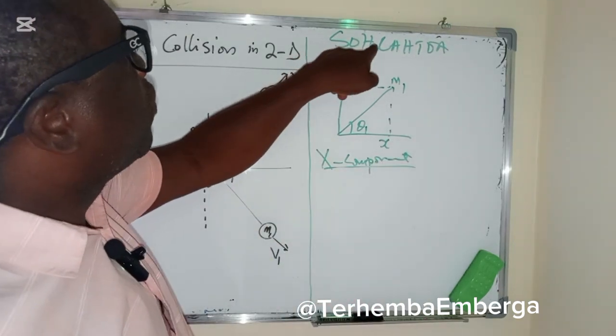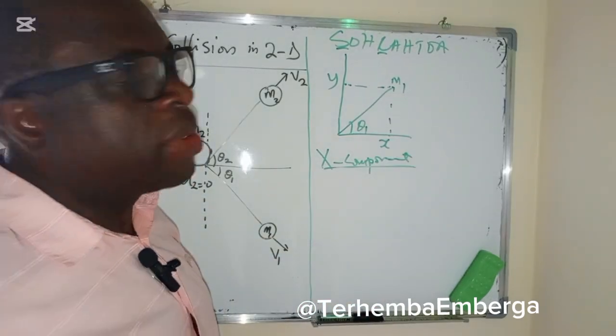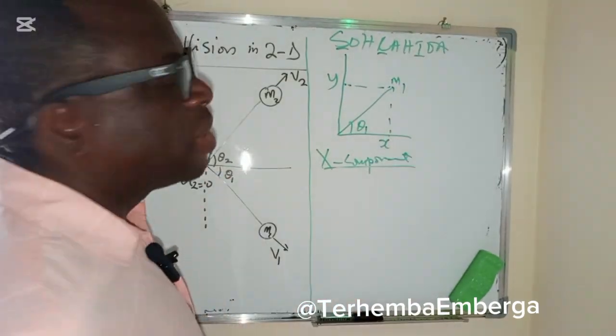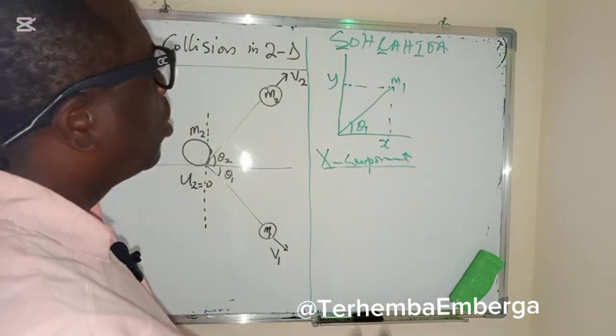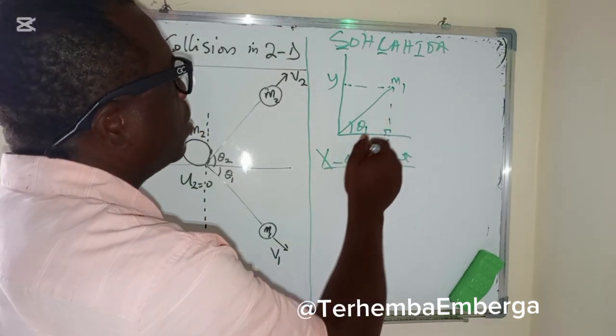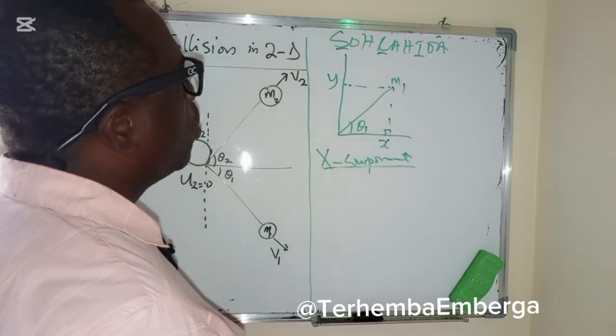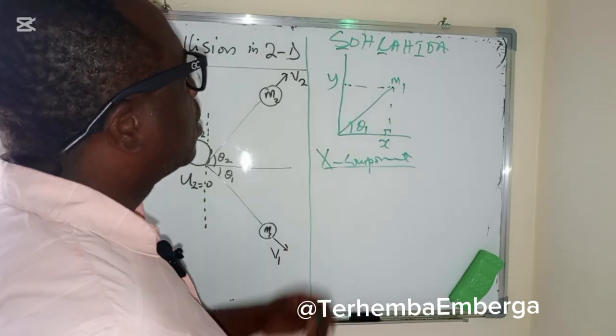Sine means opposite over hypotenuse. Cosine means adjacent over hypotenuse, and tan means opposite over adjacent. So considering this is a right angle triangle, this is our adjacent, this is the hypotenuse. So we're talking about cosine.